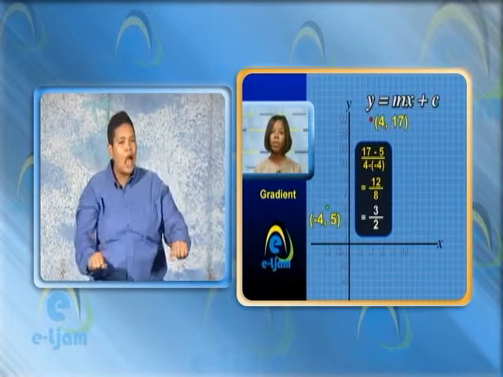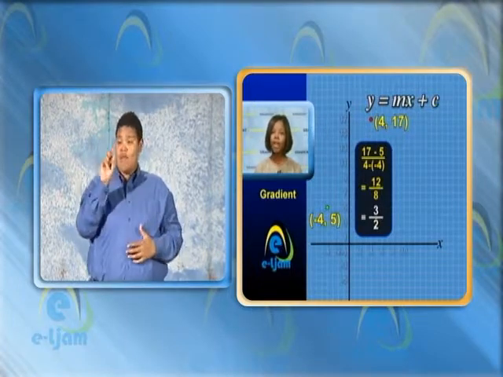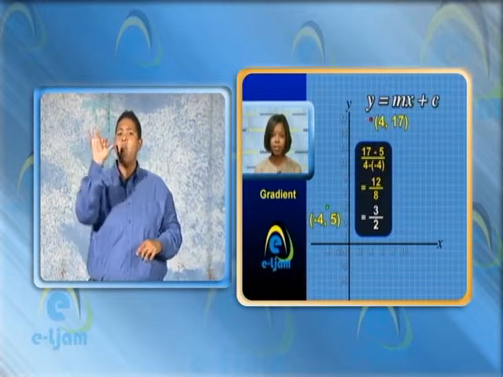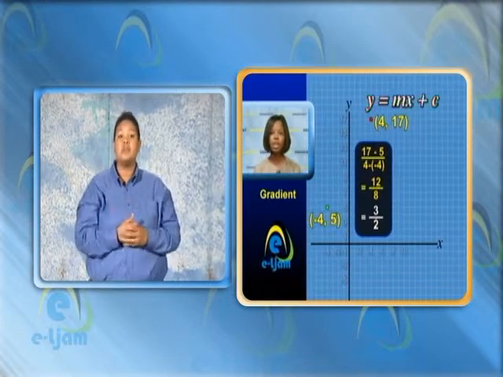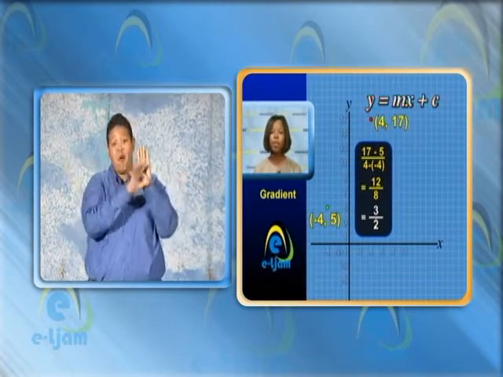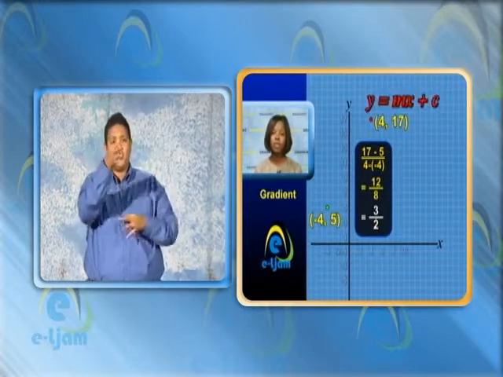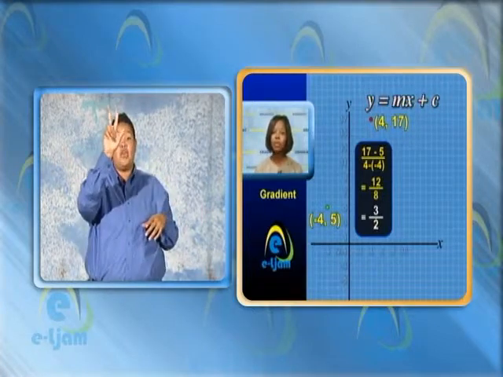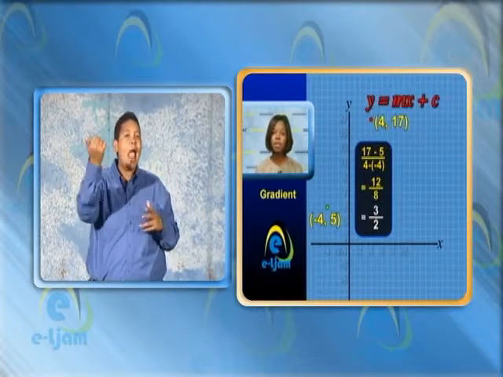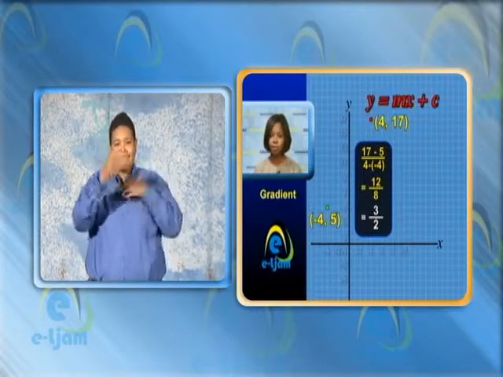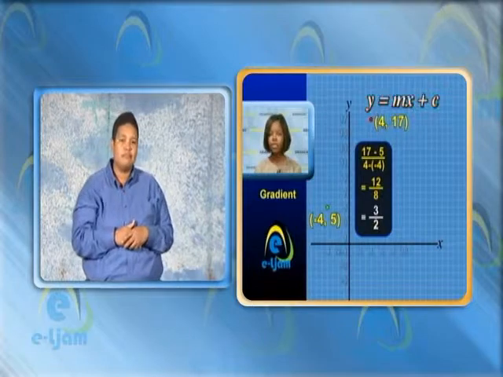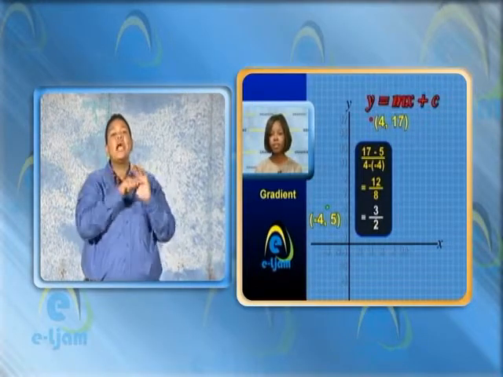Now that we know what our gradient is, we can find out what our y-intercept is. We use the general formula for the equation y equals mx plus c. We substitute 3 over 2 for m, and we choose any one of the coordinates and substitute for x and y. Let's choose negative 4, 5.